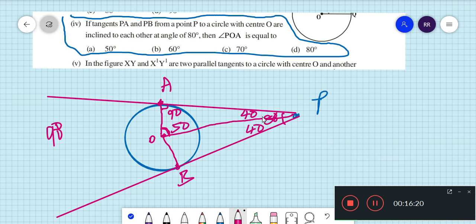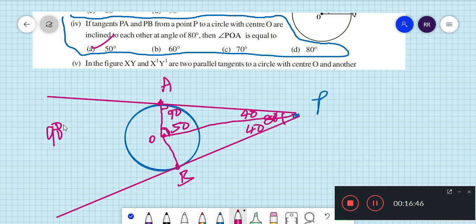The angle bisector happened here, so it becomes 40 degrees. 90 plus 40 is 130. The total of angles in a triangle should be 180, so 180 minus 130. So it becomes 50 degrees. So the answer is A. Got it, or not?